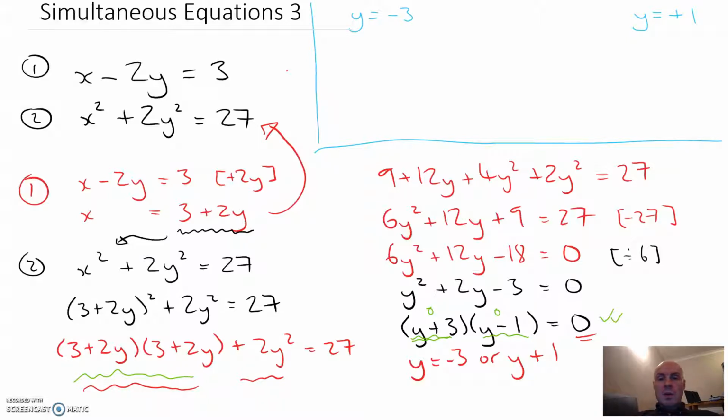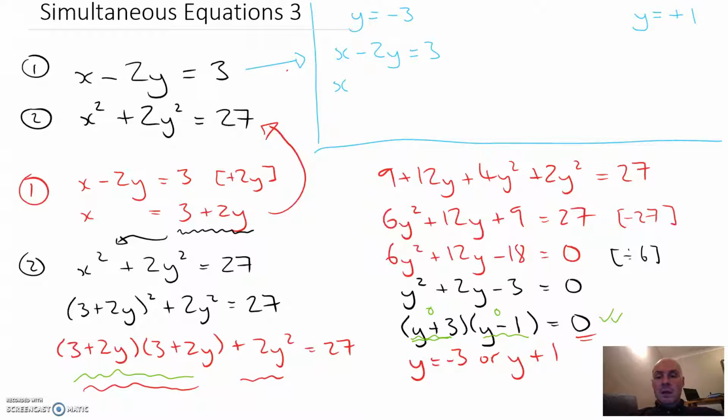We're going to substitute that value back in so we can find the other variable, which in this case is x. So we're going to put y equals minus 3. I'm going to choose the simplest equation as always, which is x minus 2y equals 3. So we take one of our starting equations, go for the simplest, and substitute our value of y in.